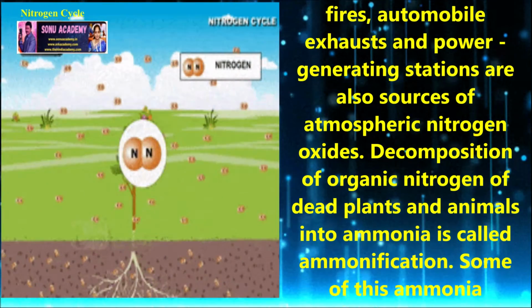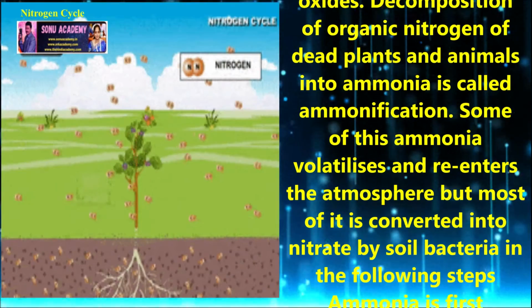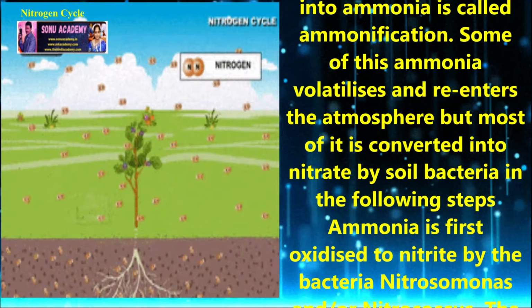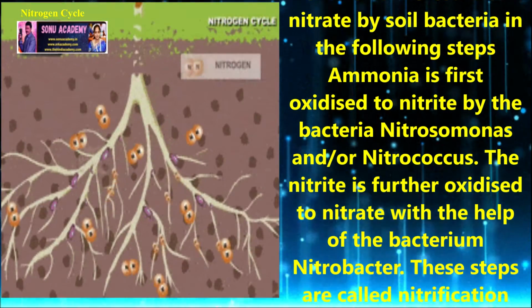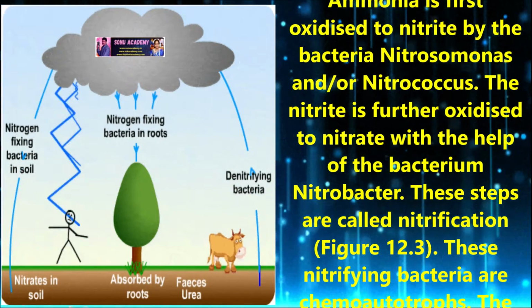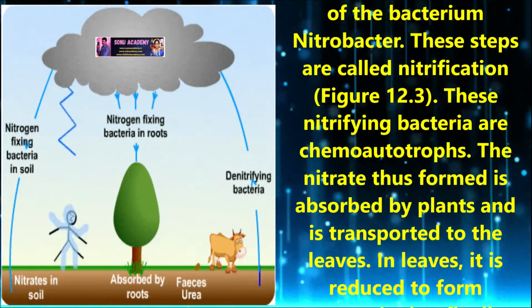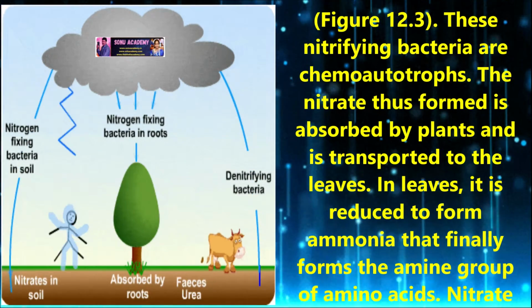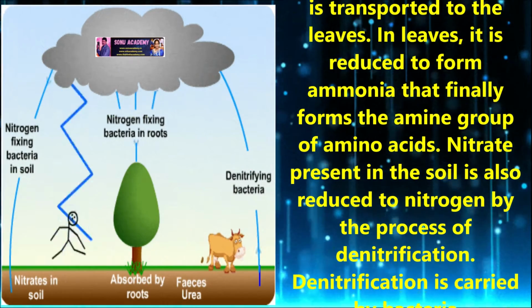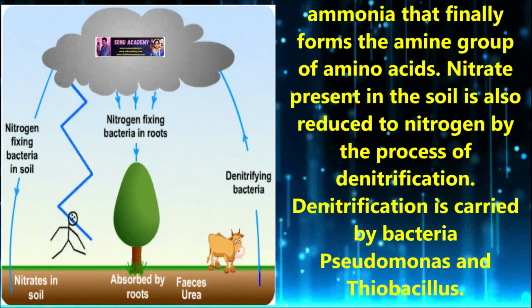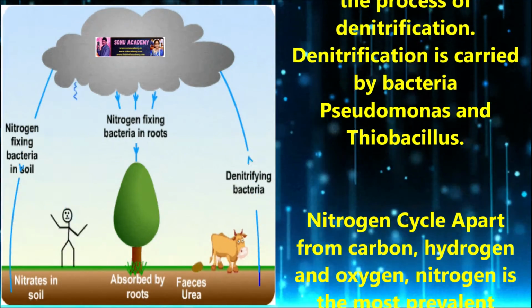The process of conversion of nitrogen, N2, to ammonia is termed nitrogen fixation. In nature, lightning and ultraviolet radiation provide enough energy to convert nitrogen to nitrogen oxides, NO, NO2, N2O, etc. Industrial combustion, forest fires, automobile exhausts and power generating stations are also sources of atmospheric nitrogen oxides.